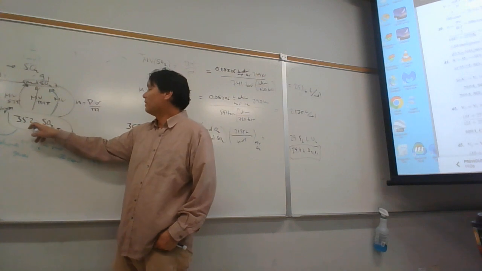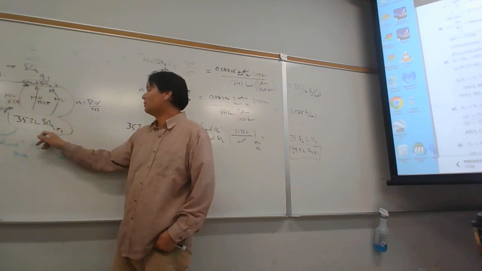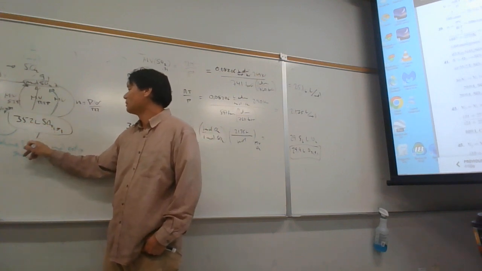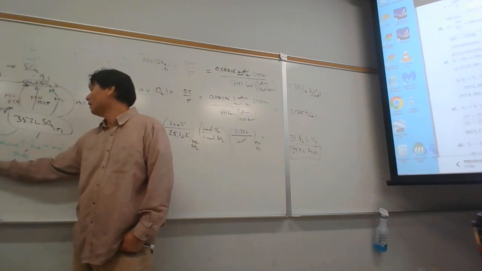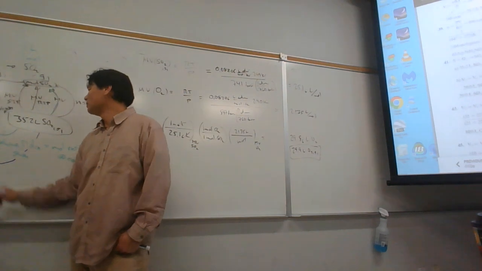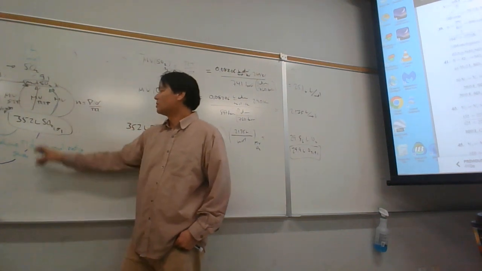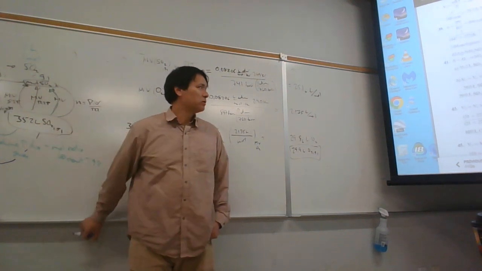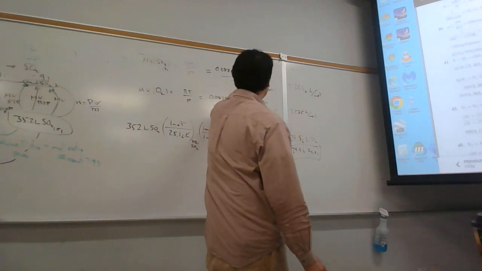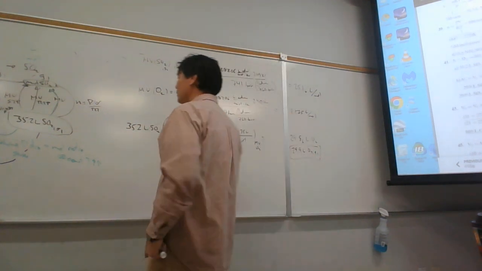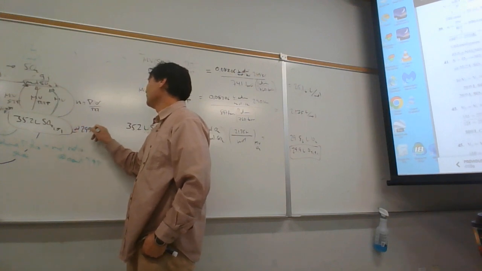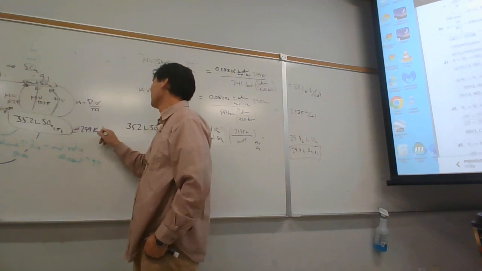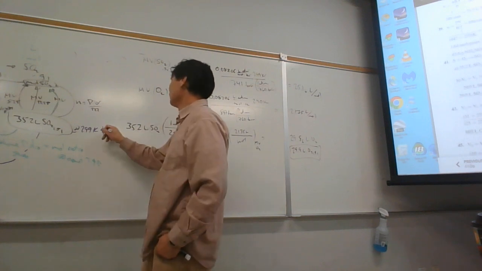What they did was go from 35.2 liters of SO2 under one set of conditions and then figure out the volume of SO2 under the new set. So this 35.2 liters of SO2 was originally at 299 Kelvin and 741 torr.